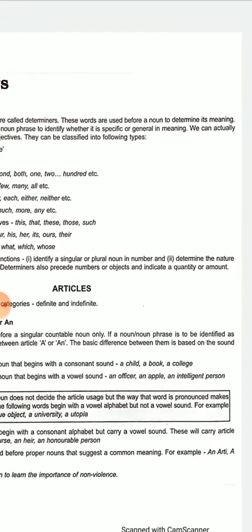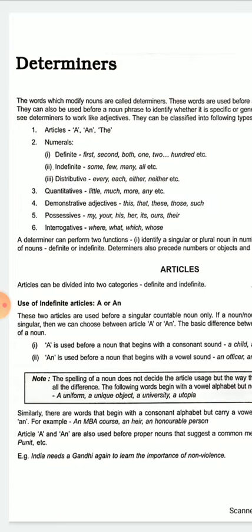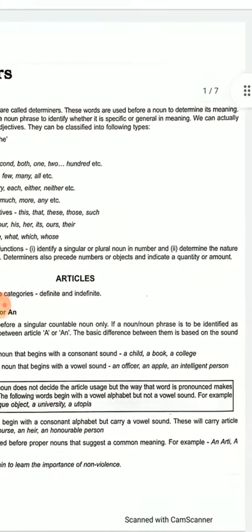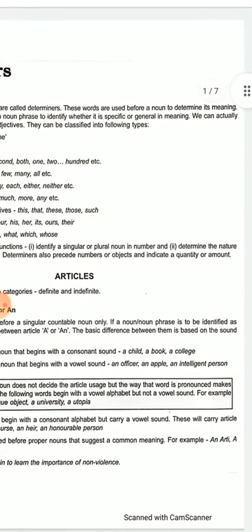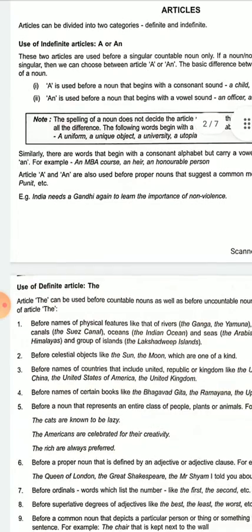If a noun phrase is to be identified as singular, then we can choose between the article a or an. The basic difference between them is based on the sound of the noun. See, if it is a consonant sound, then a will come. If it is a vowel sound, then an will come.